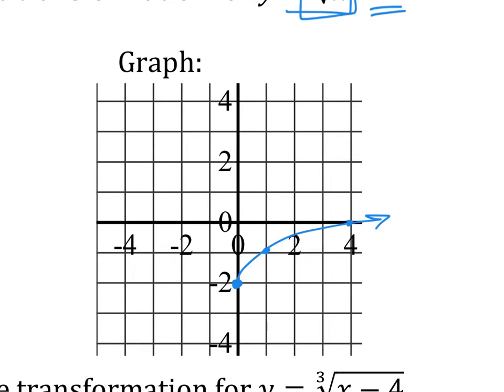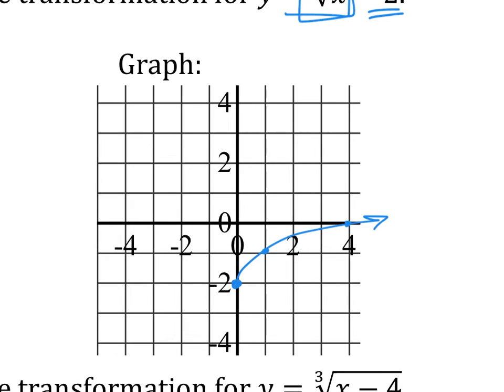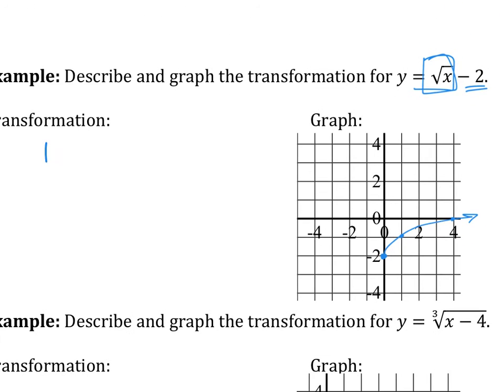I know the points go 0, 0, 1, 1, 4, 2, because I'm memorizing the integer values. Everything moves down 2. Three points is pretty good, just like the general shape. So the transformation is down 2.